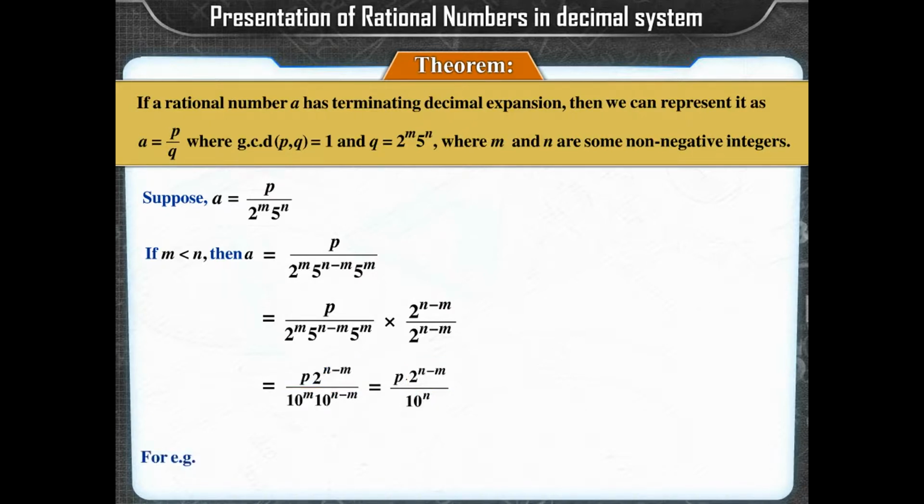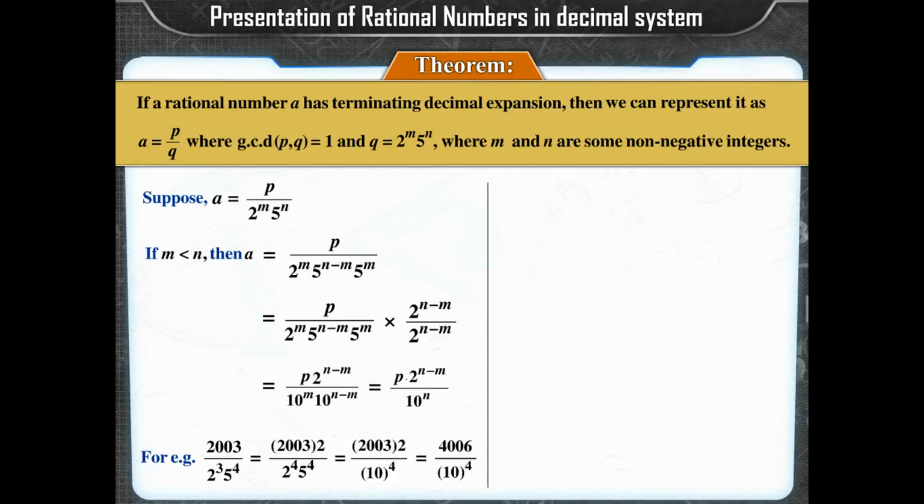For example, 2003 upon 2^3, 5^4 is equal to 2003 into 2 upon 2^4, 5^4, which is equal to 2003 into 2 upon 10^4, which is equal to 4006 upon 10^4.